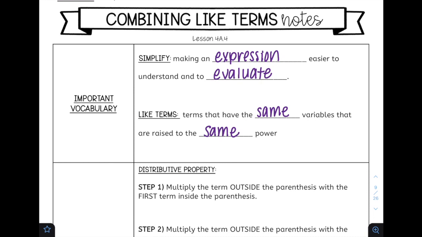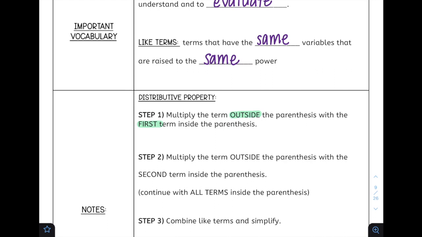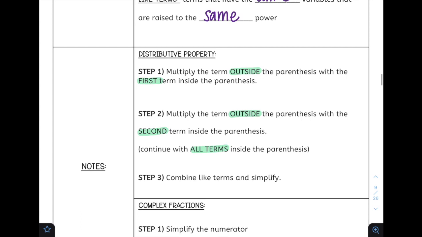Just to go over what the distributive property is, you want to make sure you're multiplying the term outside of the parentheses with the first term inside the parentheses, and then following the same procedure, multiplying what's outside the parentheses with the second term, and then continuing to do so with all terms inside the parentheses. And then you're going to combine like terms and simplify.